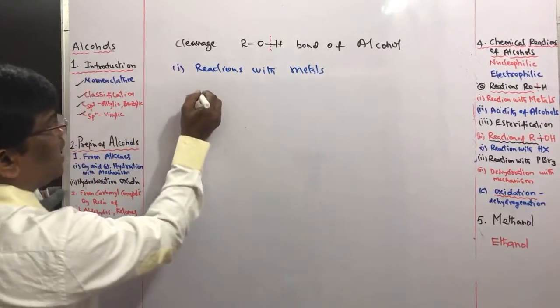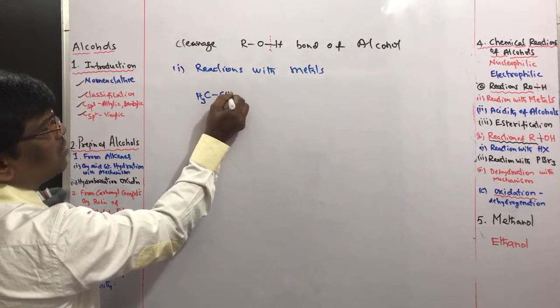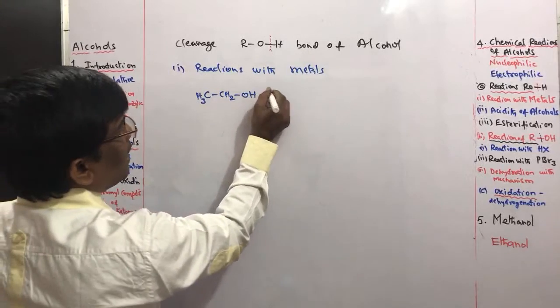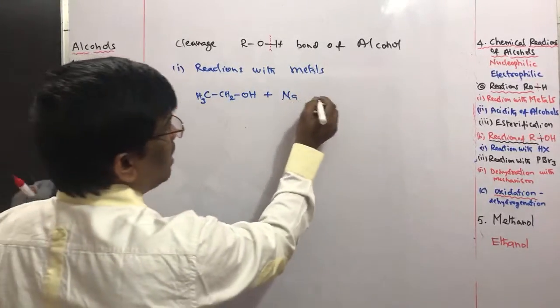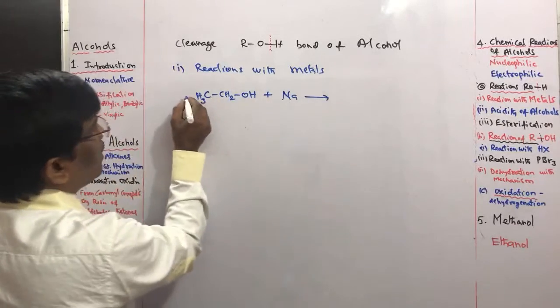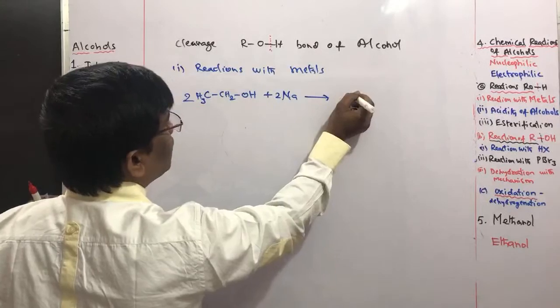Let us take for example ethanol, CH3CH2OH, and react it with sodium metal. Let me take 2 moles here.